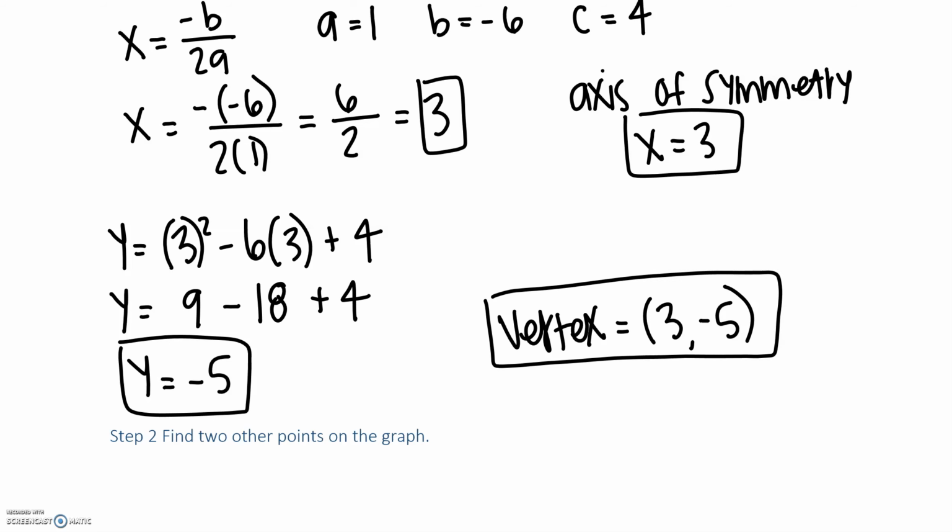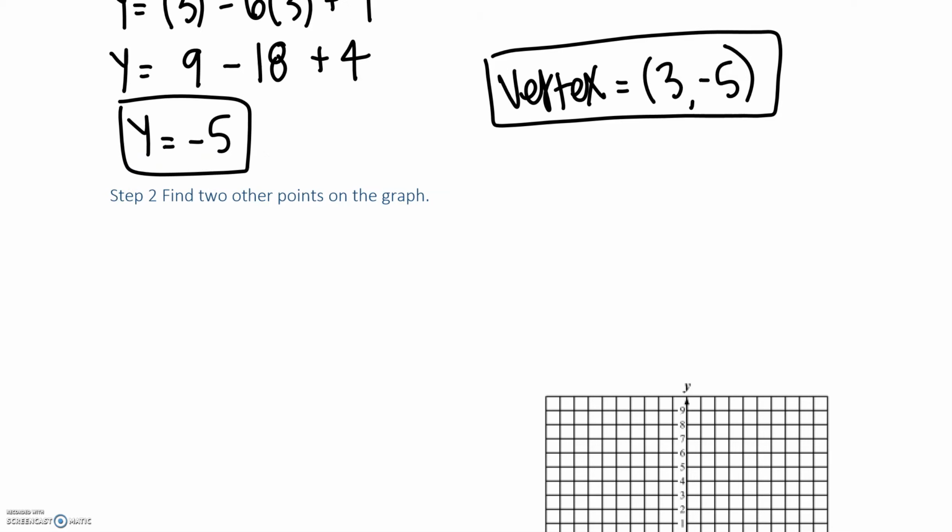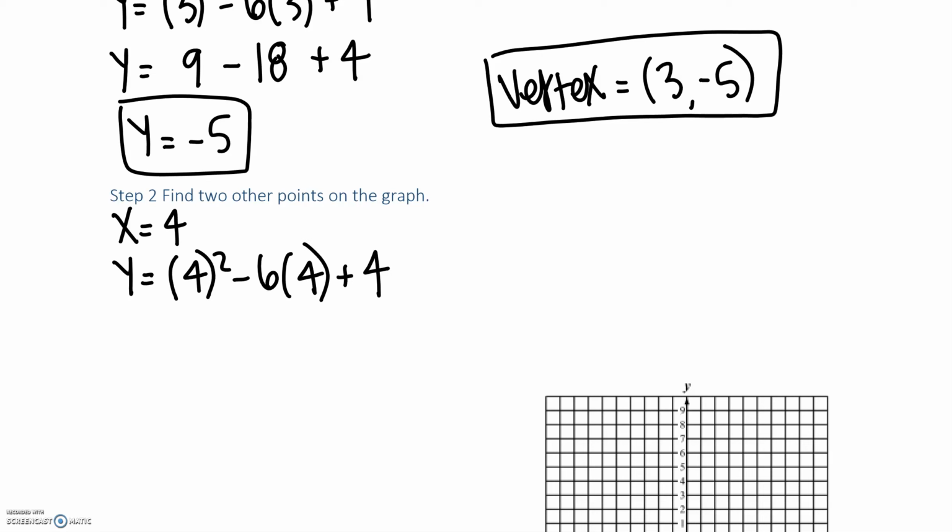Awesome. So the next thing we're going to do is plug in 2 other points. It could be any other points that we want to. I like to keep my points around this vertex. So I'm looking at our x-coordinate. If our x-coordinate is 3, if we go 1 more unit in the positive direction, that's going to give us 4. So if we plug in x equals 4, then y is going to equal 4 squared minus 6 times 4 plus 4, okay?